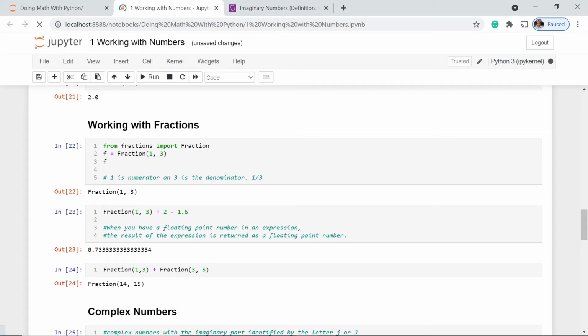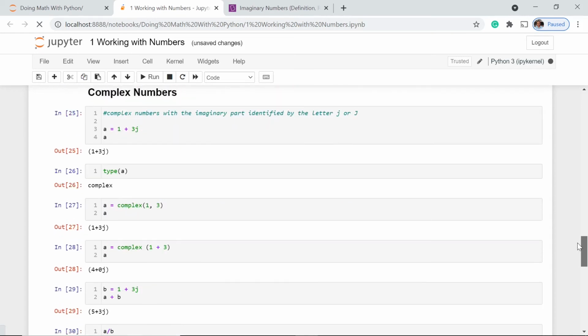Remember that in this case, we need to follow PEMDAS. If we execute this, we will be given 0.73333, and so on. We can also do a fraction plus another fraction. When we have 1 over 3 plus 3 over 5, we will be given 14 over 15. It's a very basic thing about doing mathematical operations using fractions.